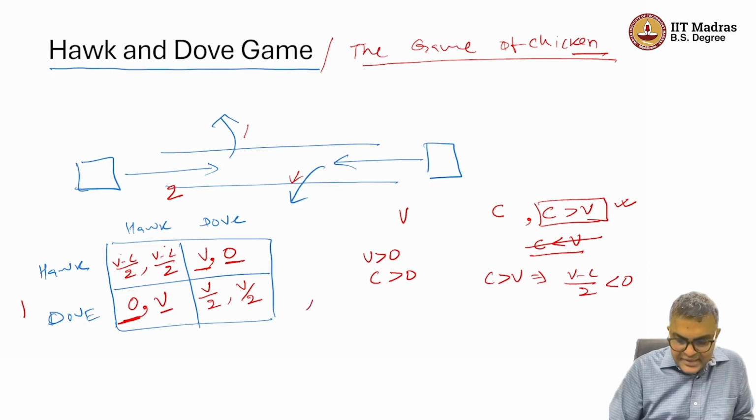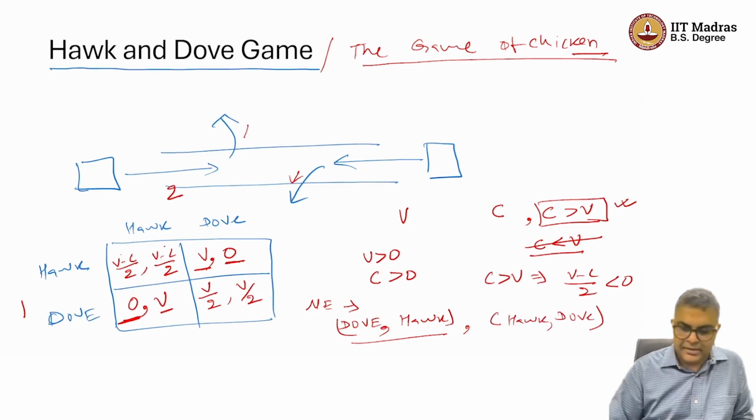So what is the Nash equilibrium? The Nash equilibrium is that one person acts as a dove and the other person acts as a hawk. So there are two settings: one in which player 1 is acting as a hawk and player 2 as a dove, and the other the reverse. So these are two Nash equilibria.